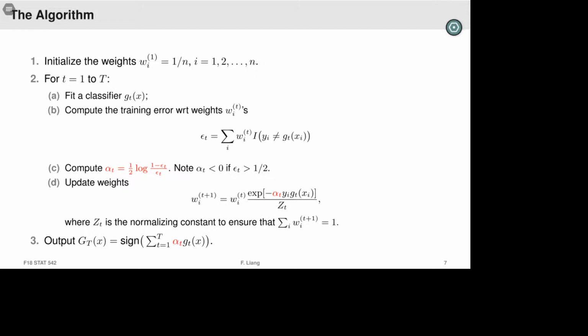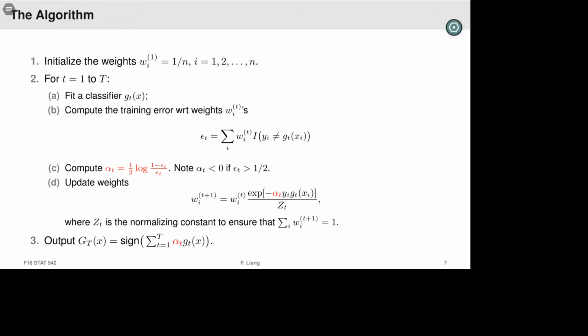So here's the algorithm. We're going to start introducing a superscript on the W, because we have to talk about iterations. At every iteration, the weights will be different. So we initialize our weights for every observation. Everybody is equally weighted with weight 1 over n. We have n samples, and then we're going to start our loop.